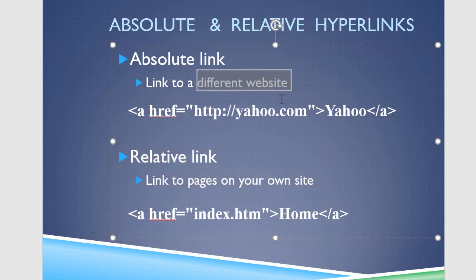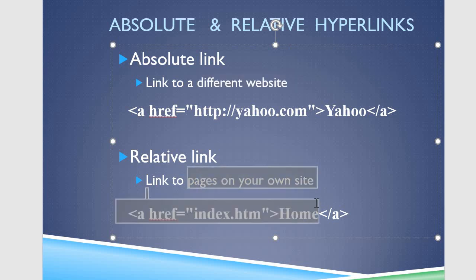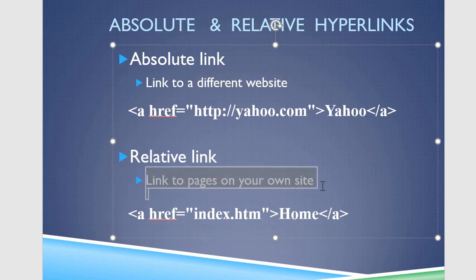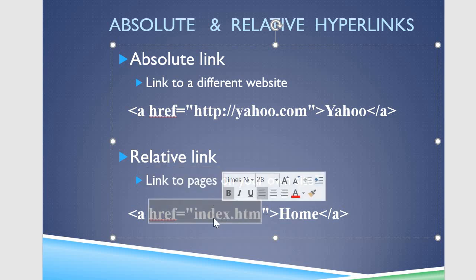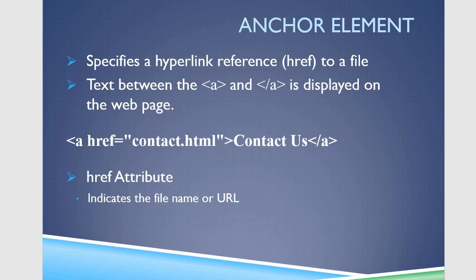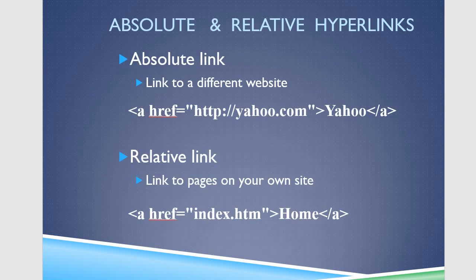So an absolute link goes to a different website, a relative link to a page on your own site. For example, a href index.html, that is your file which is available on your own site. I hope you understand. So you have to study the anchor element, and absolute and relative hyperlinks with the example.